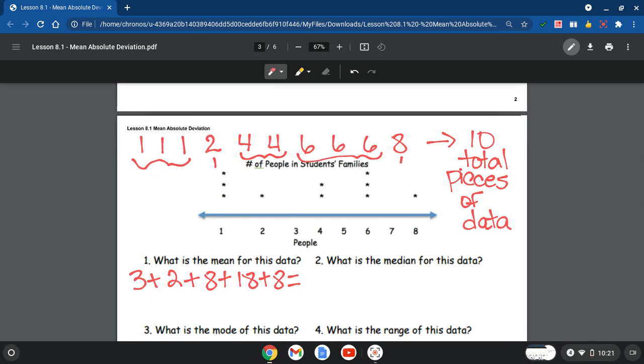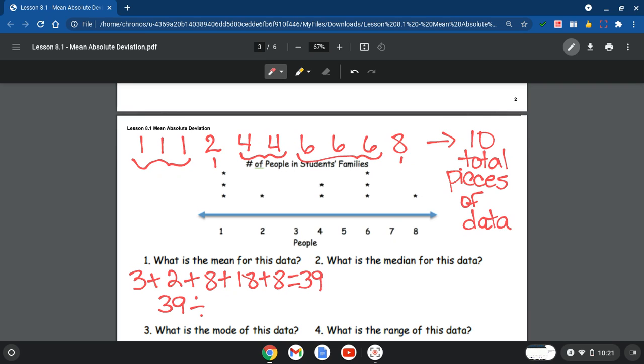Therefore, 3 plus 2 is 5, plus 8 is 13, plus 18 is 31, plus 8 is 39. So our sum is 39.